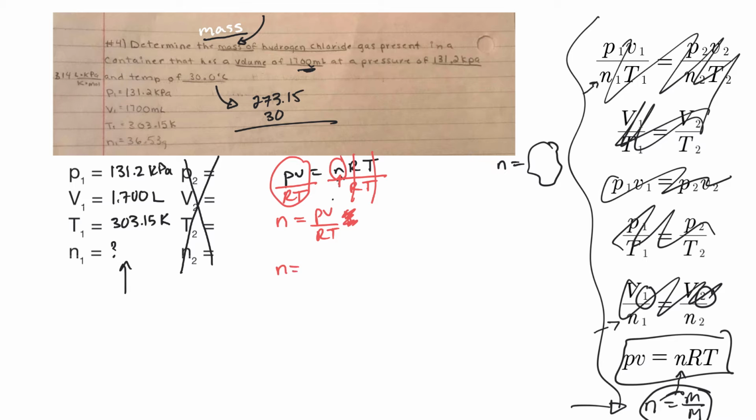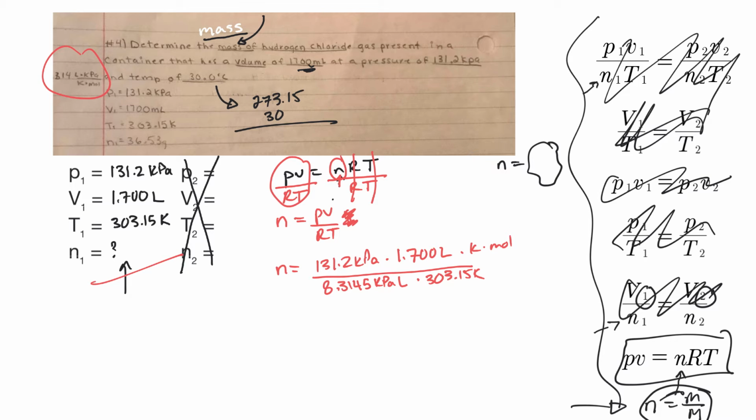All right, so pressure, 131.2 kilopascals, times the volume, 1.7 liters, divided by R, which is up there, 8.31. I like to give it a few more sig figs: 8.3145 kilopascal liters per Kelvin mole, and then the temperature is 303.15 Kelvin.